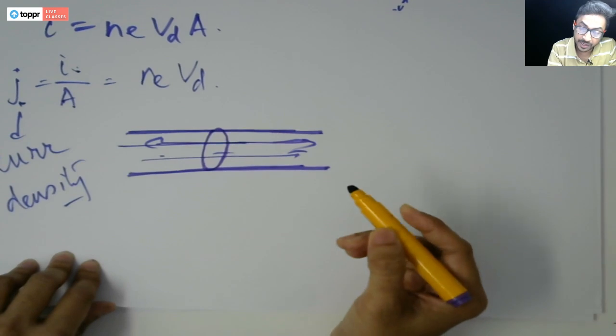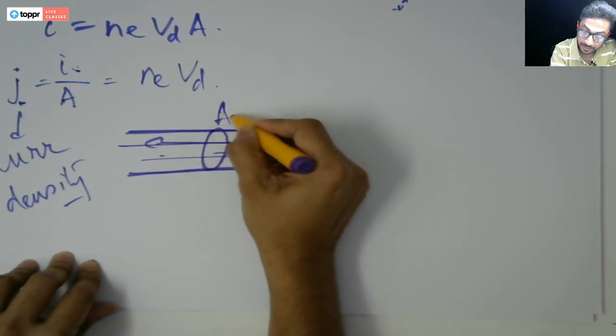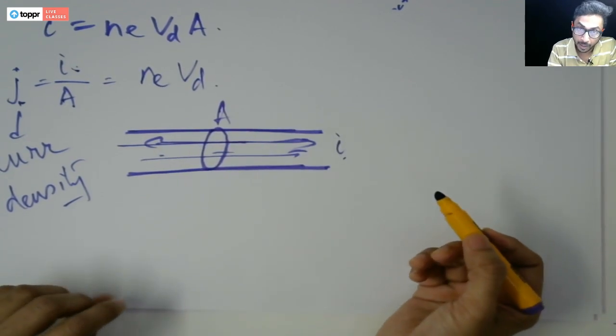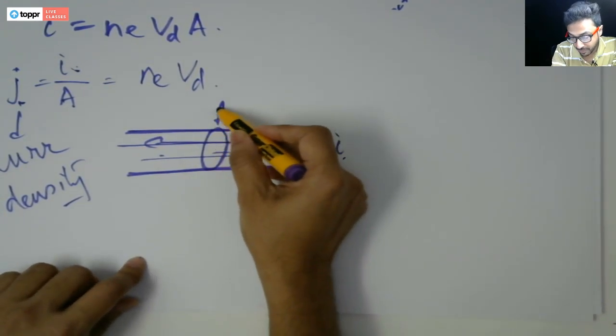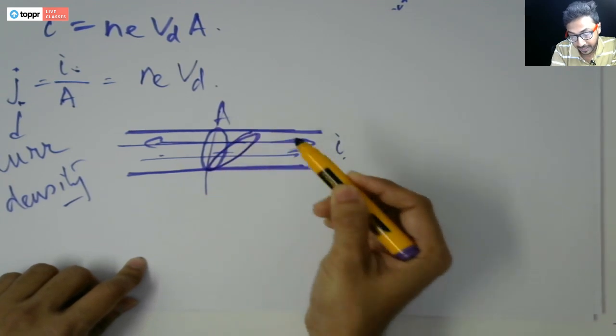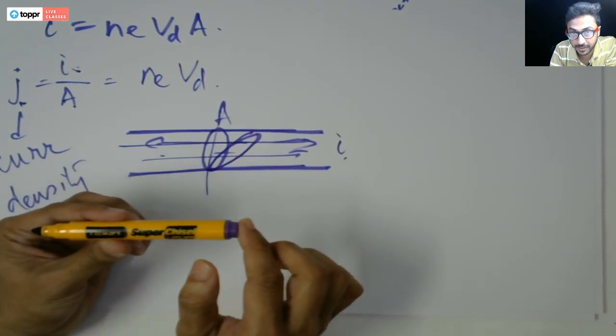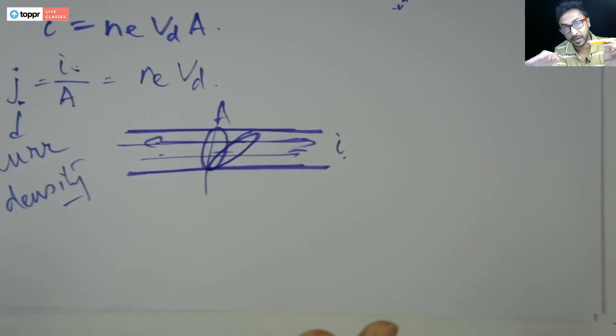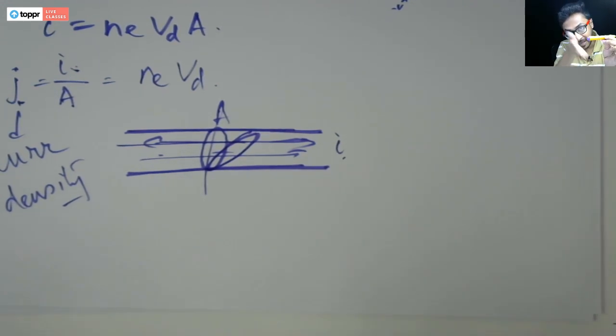This is the cross-section area, so current density will be I by A. But if the cross-section area is not like this, and it is at an angle like this, so we are not taking it perpendicular to the flow of the current.